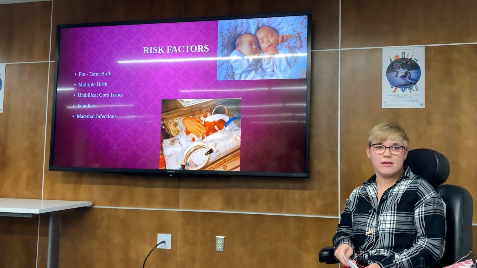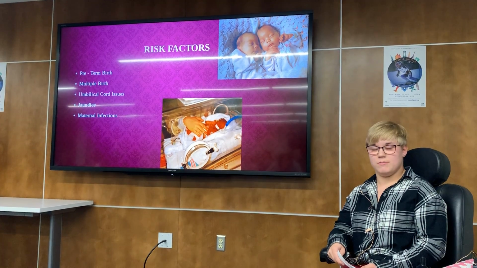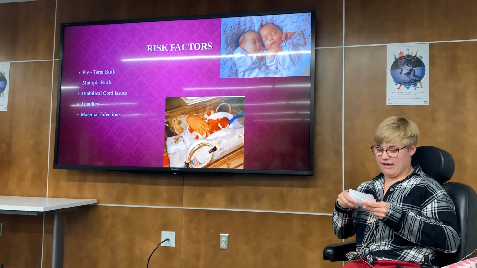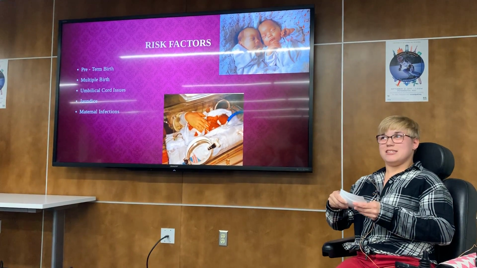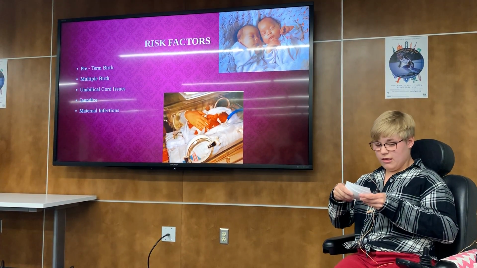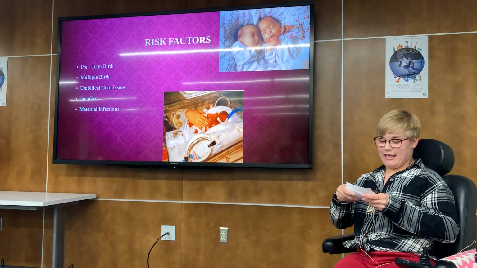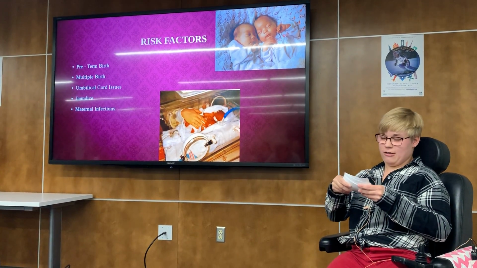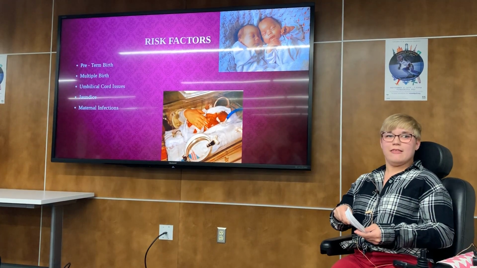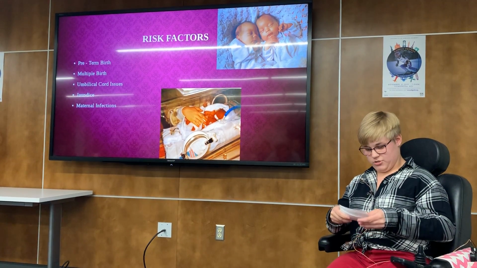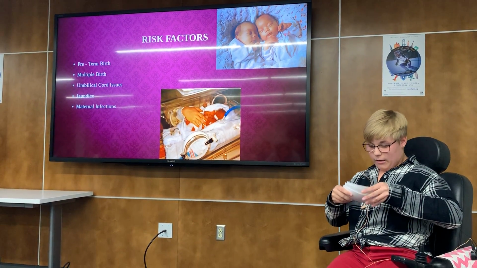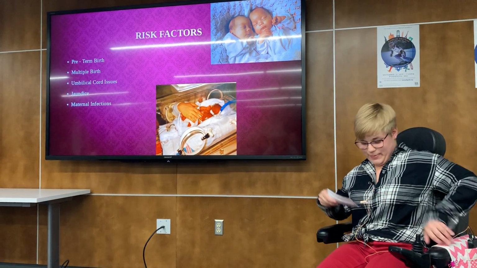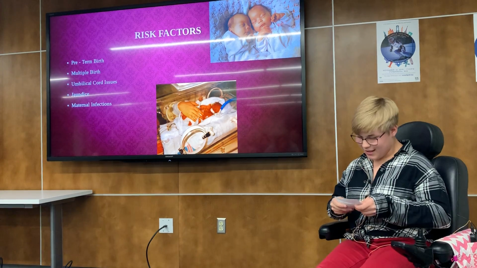According to the textbook, Medical and Psychosocial Problems in the Classroom, if a child is born before the 37th week of pregnancy, especially if they're born before the 32nd week of pregnancy, they have a greater risk of having CP. If a child is a part of a set of multiples, they are also at greater risk for developing cerebral palsy. Umbilical cord issues can also increase the potential for developing this disability.